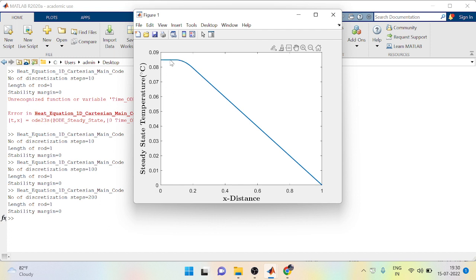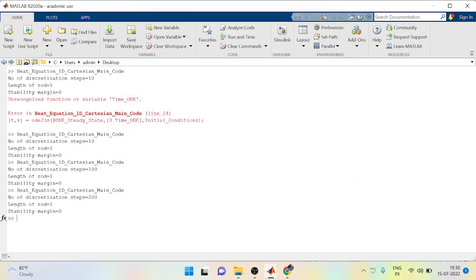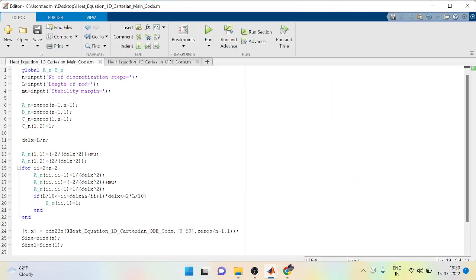Why is this happening? I'll do one thing. 9 star L by 10 to 9.5 star L by 10. Something fishy going on. I guess I minus 1, I plus 1.